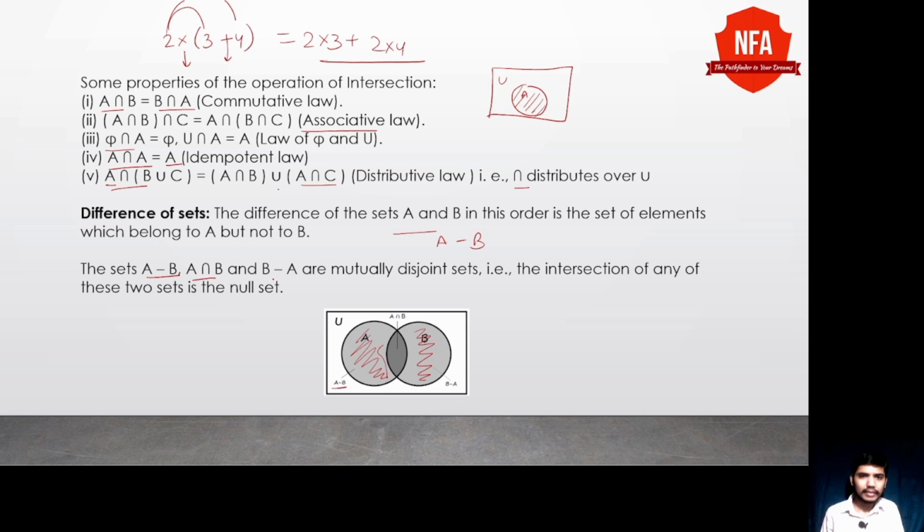Mutually means coming together, and they are disjoint sets. That is, the intersection of any two of these sets is a null set. Sometimes the difference of two sets A minus B is denoted as A backslash B.